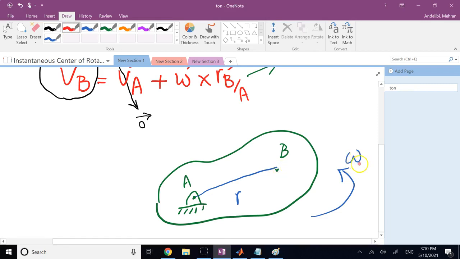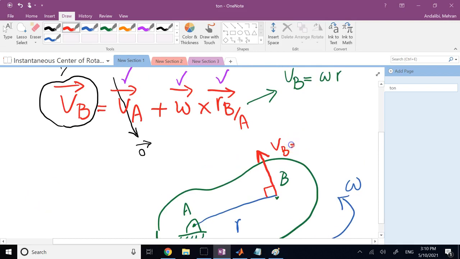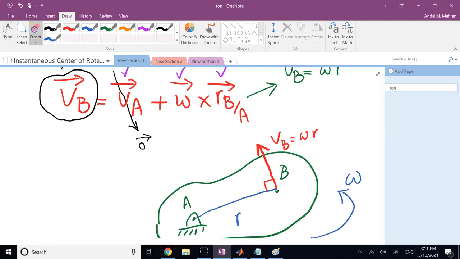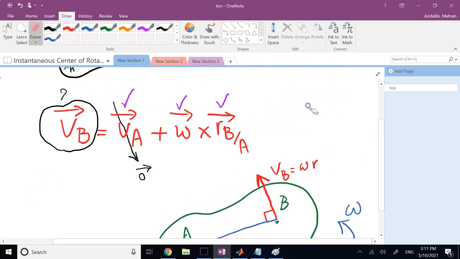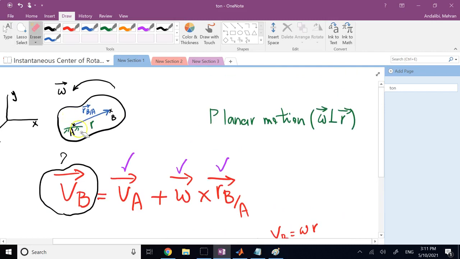Since omega is out of the plane, VB is going to be in the plane and it's perpendicular to R, so V of B is going to be like that. Okay, perpendicular to R, perpendicular to omega. And the magnitude of it is clearly omega times R, right? So all I need now is to use the scalars, correct?